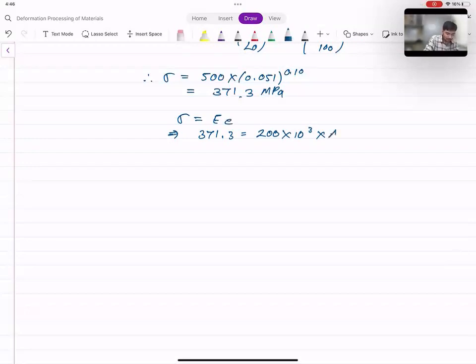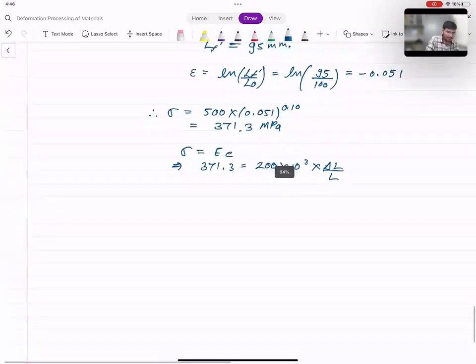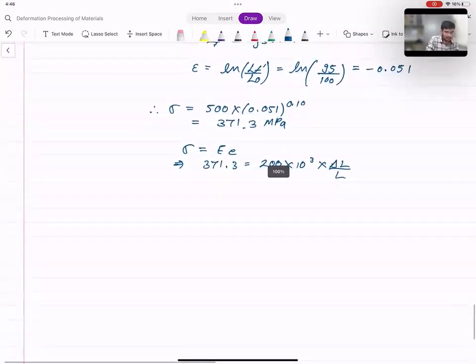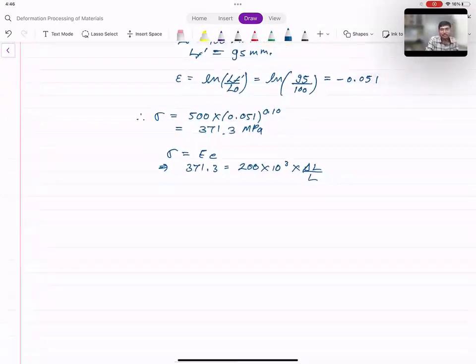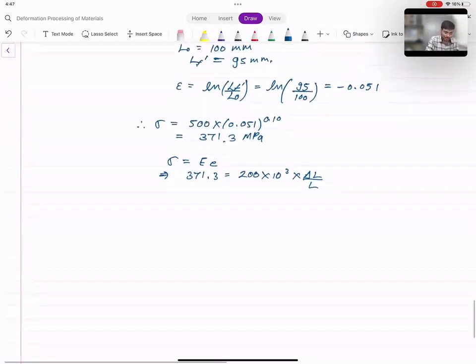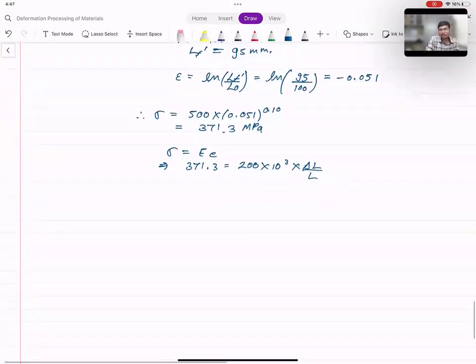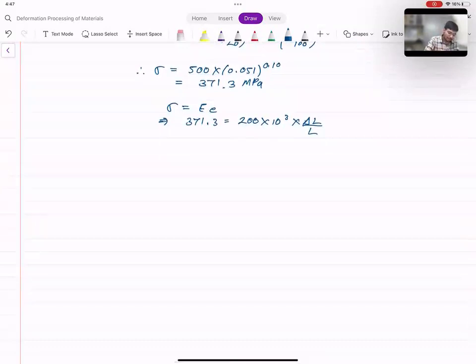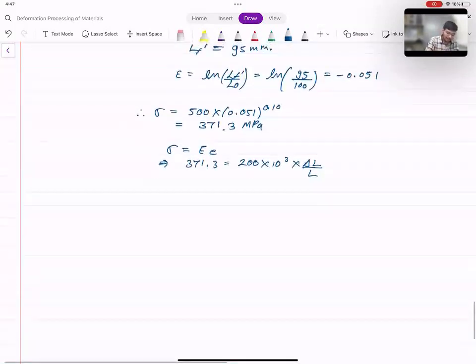This will be change in length by initial length. Since I have written E, it should be true strain, but since these values are very small, we can consider the true strain and the engineering strain here to be approximately equal. If they are very small, they can be interchanged with each other. Okay, so I have written the engineering strain here, and it will be change in length by initial length.